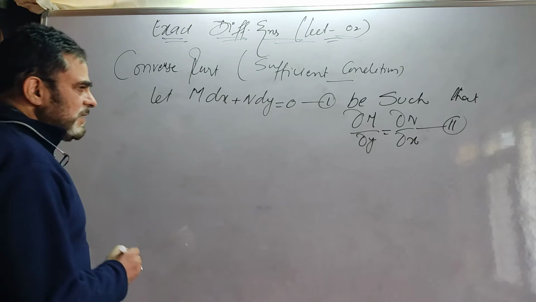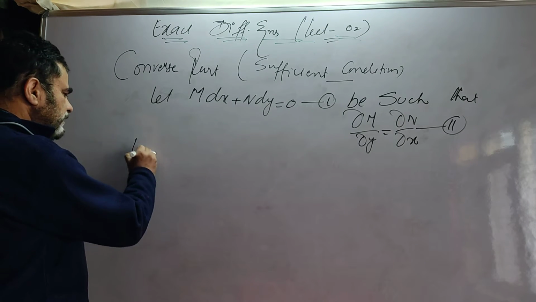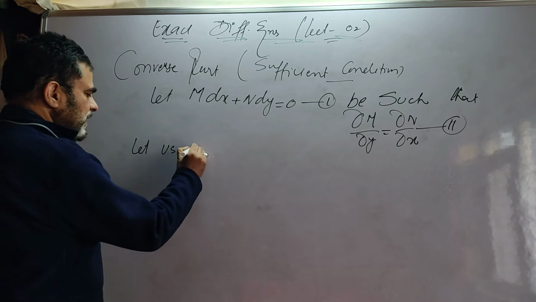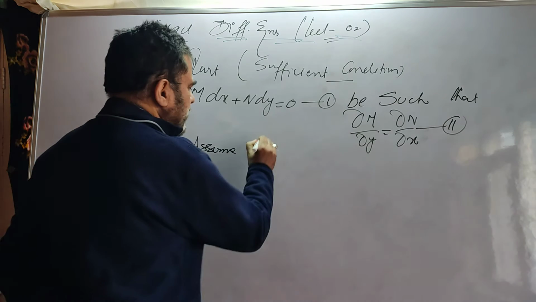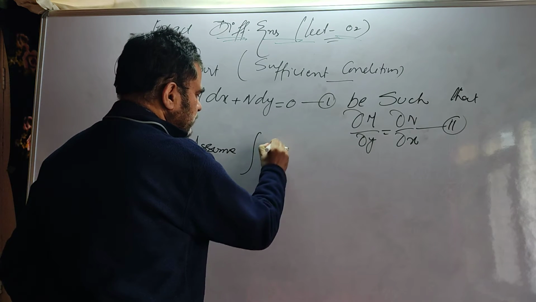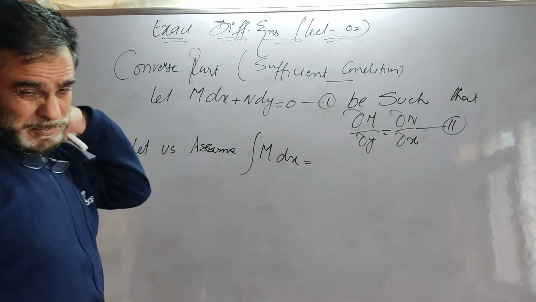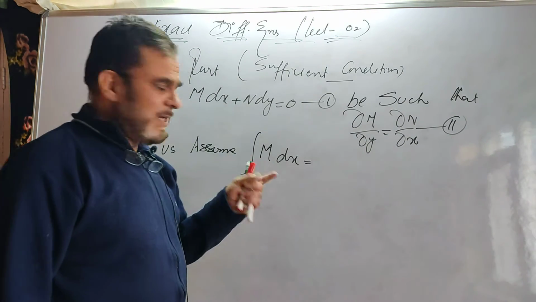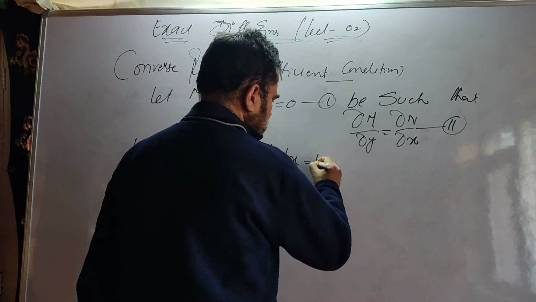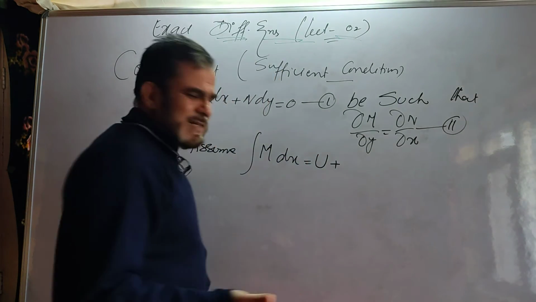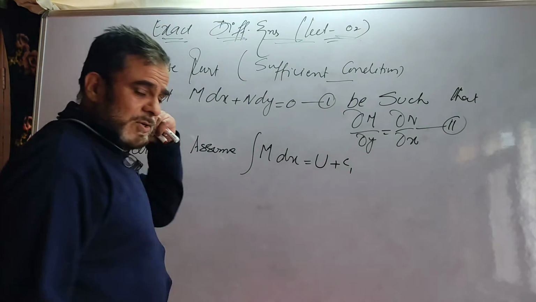We write here in the converse part of the proof, let us assume that the integral of M dx, when we integrate M dx, M is some function of x and y. We integrate it with respect to x, say it is u plus some constant, let it be c1.